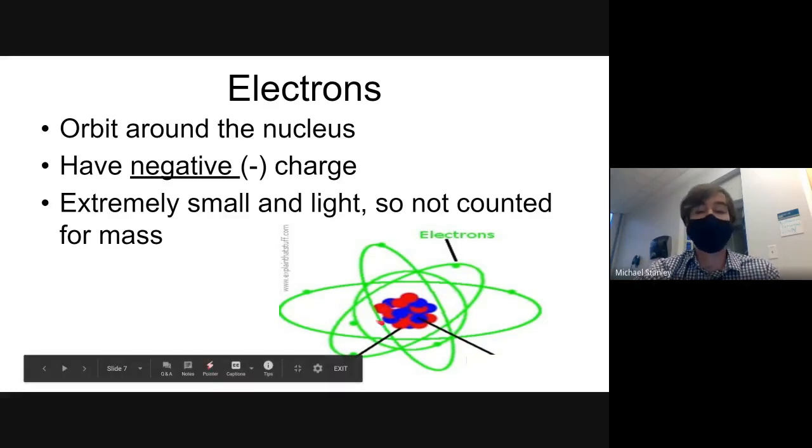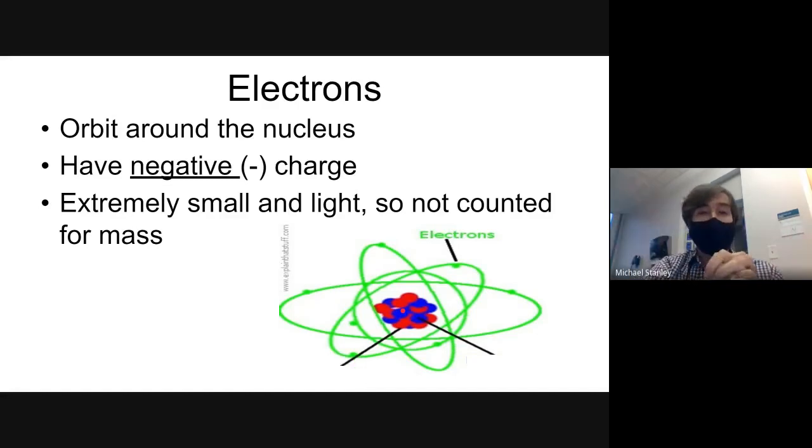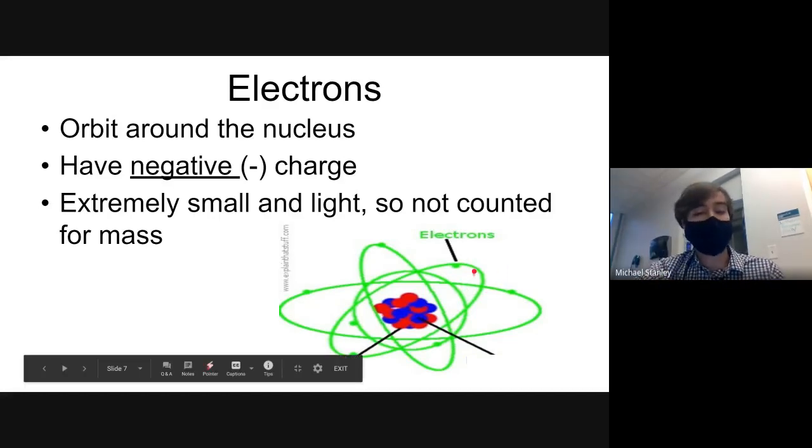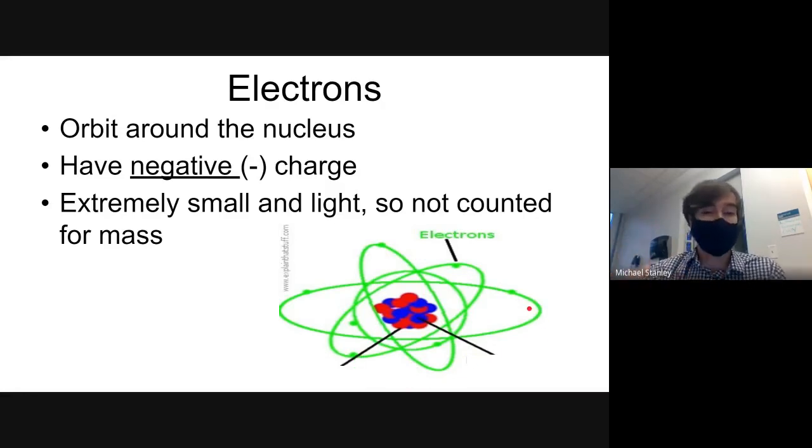So we've got our positive protons and our neutral neutrons coming together to make up the weight of the atom in the nucleus. Then our negative electrons are all swirling around the outside in their little orbits. So electrons are negative, protons positive, neutrons neutral.